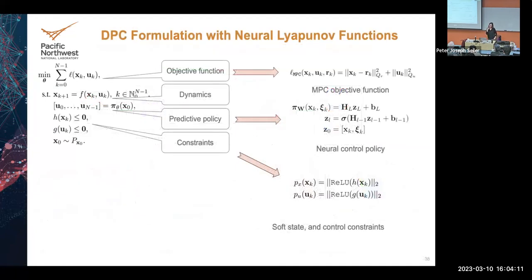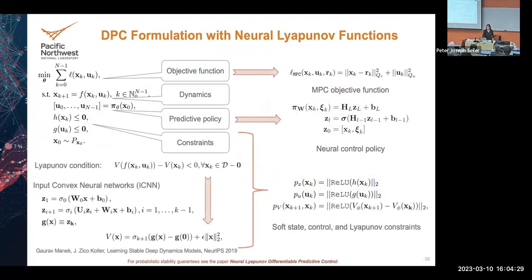We introduce not only the traditional constraints as soft constraints in the loss function of the deep learning control synthesis loop, but in addition, we introduce another constraint that enforces that this Lyapunov function that we will be learning, which is basically an input convex neural network, also has to satisfy the Lyapunov condition for this additional representation.